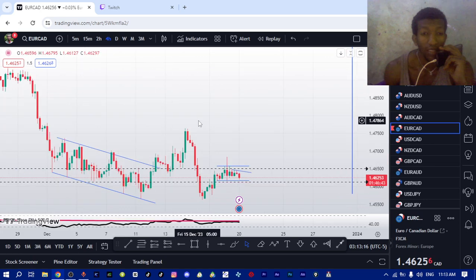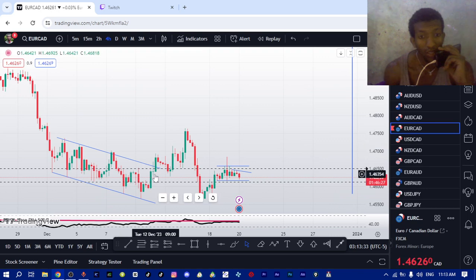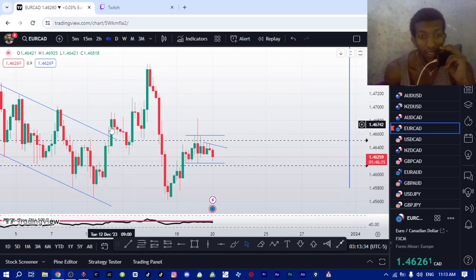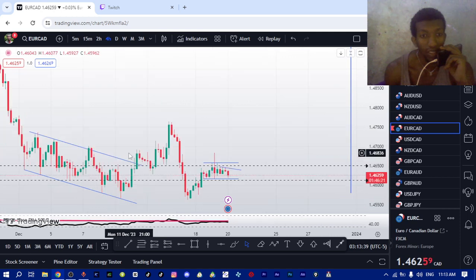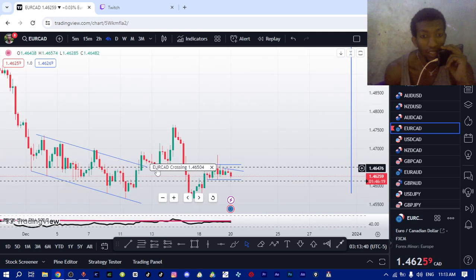From here, it was consolidating, making a bearish falling wedge or something. It's a rectangle actually. After that, it broke out right there and found a support, and we went up to this order block right there.